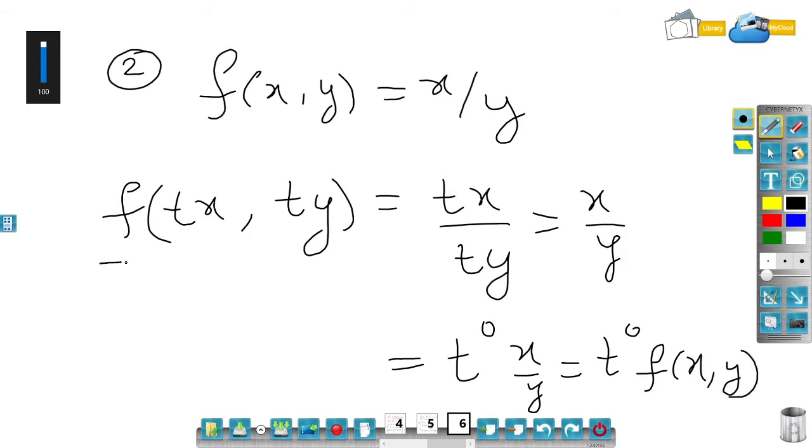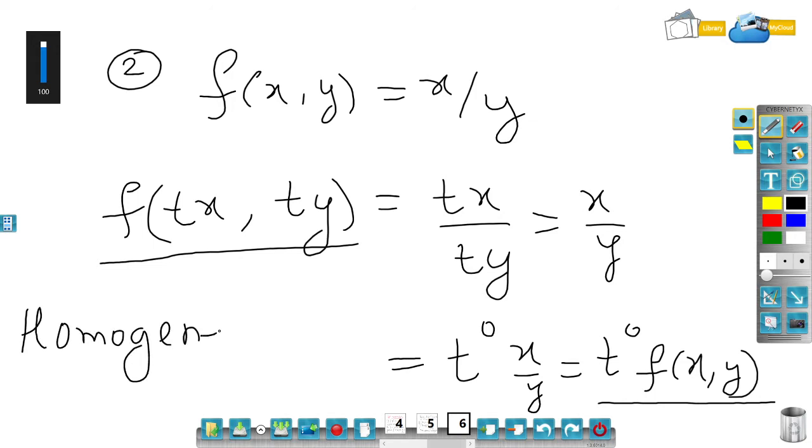So you can see that f of tx comma ty is the same as t raised to 0 f of x comma y. So it is a homogeneous function of degree 0.